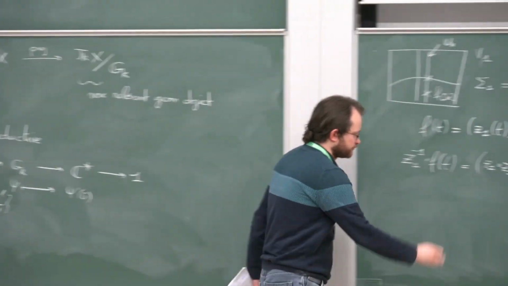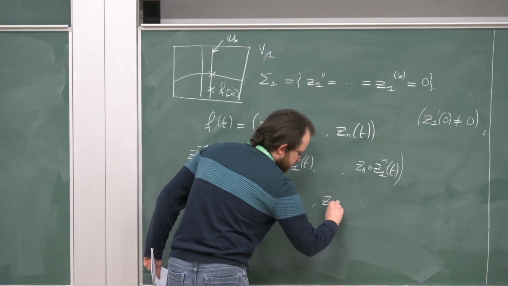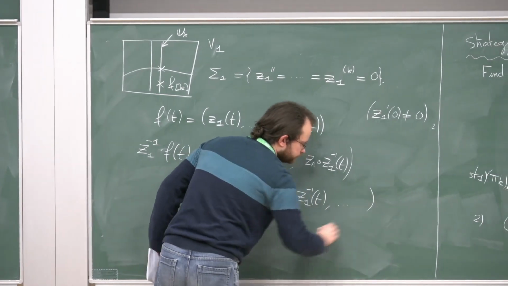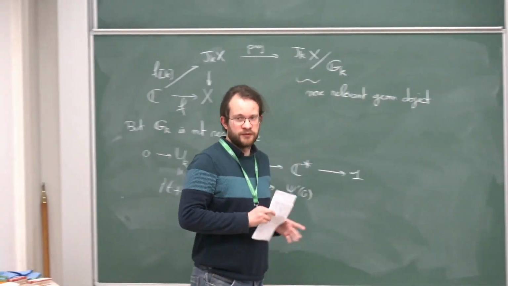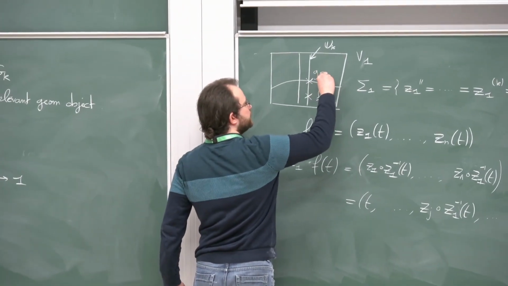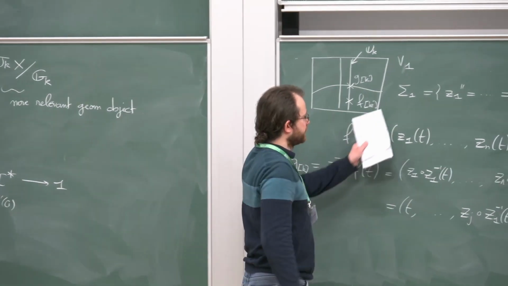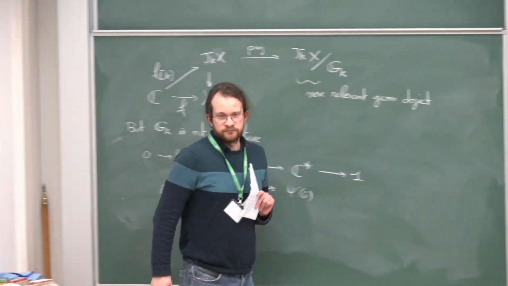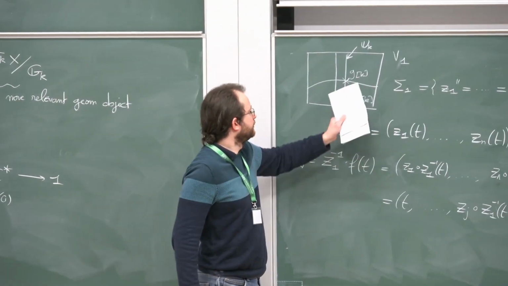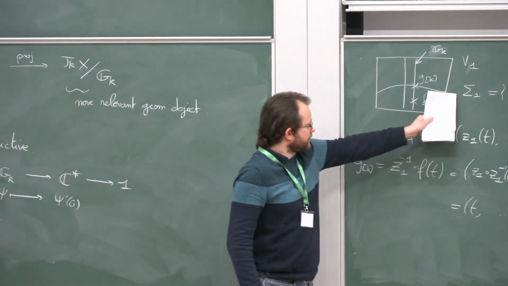And on the first coordinate, of course, you get t, and in the other ones, you get z_j ∘ z_1^{-1}(t). And this is the point, which I will call g_k, which lies in that space sigma. You have taken your point here and shifted it by this U_k, even g_k, sorry, to get a point inside this sigma.